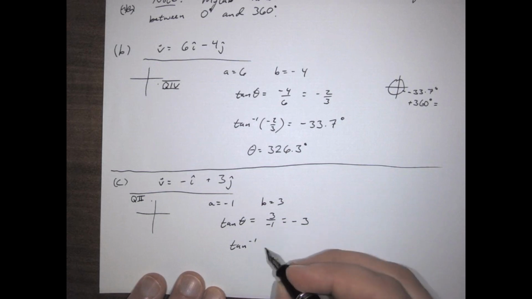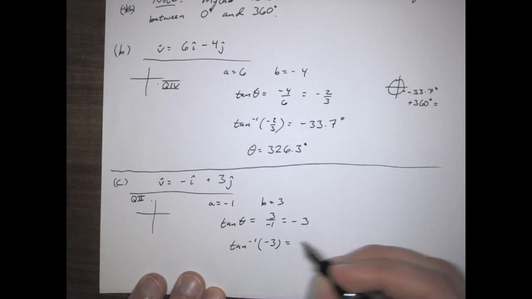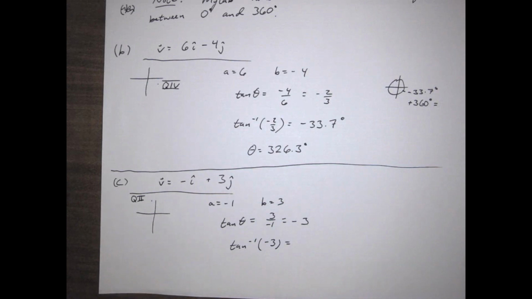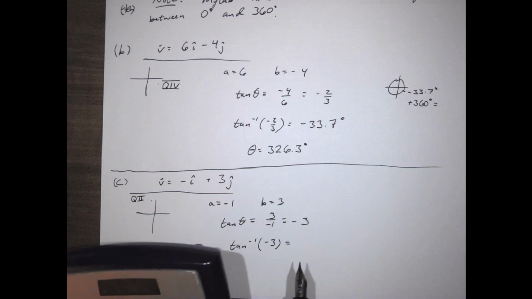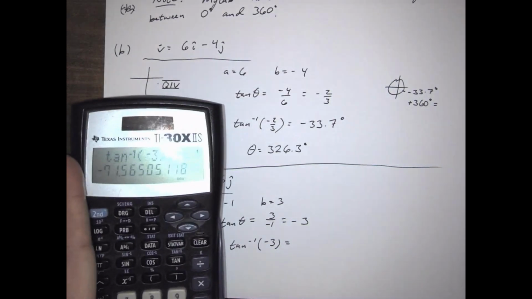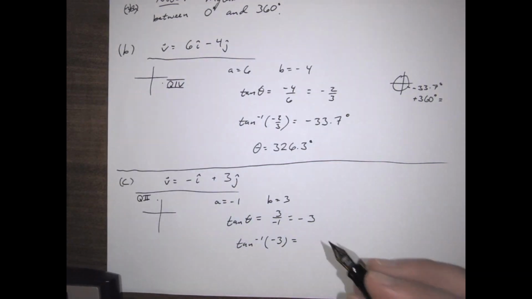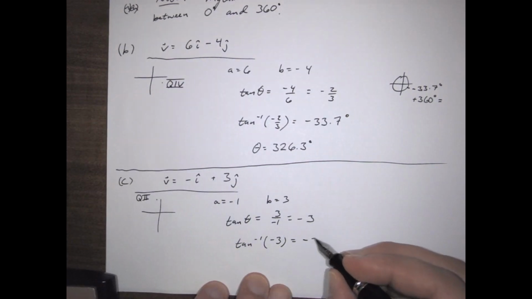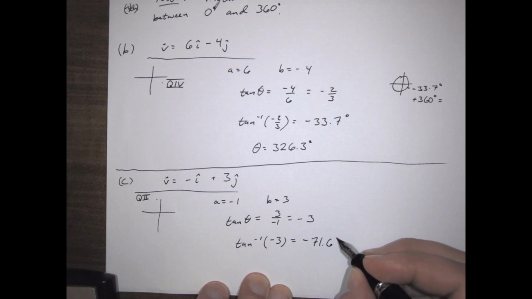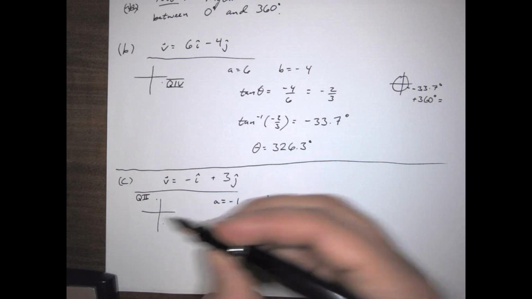And if I take the inverse tangent of that, then what I get is negative 71.6 degrees. And I can see that's going to put me down here, wrong quadrant.